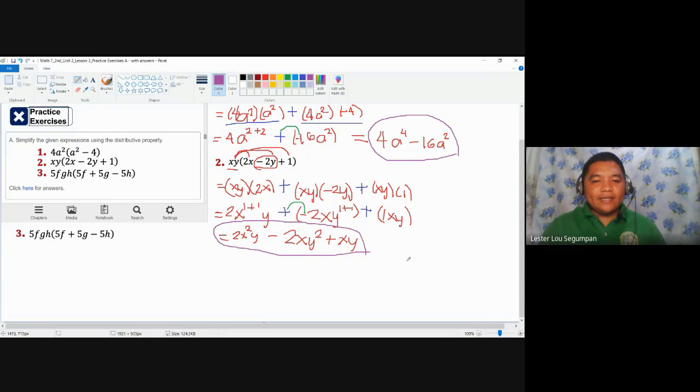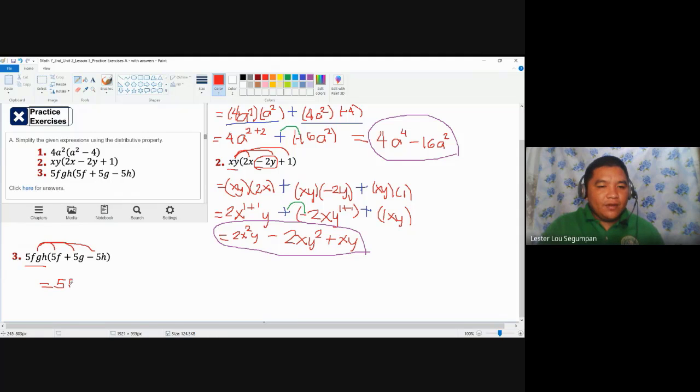Let's proceed to the last item. Last item, let me bring this down here. And then distribute the term, not just 5, not just f, not just g, not just h, but the whole. And then you'll have these groups: 5FGH times 5F.